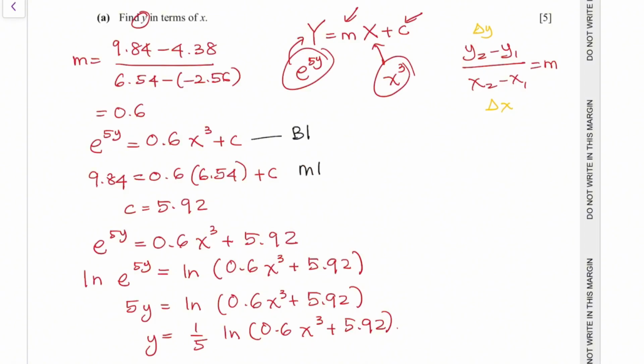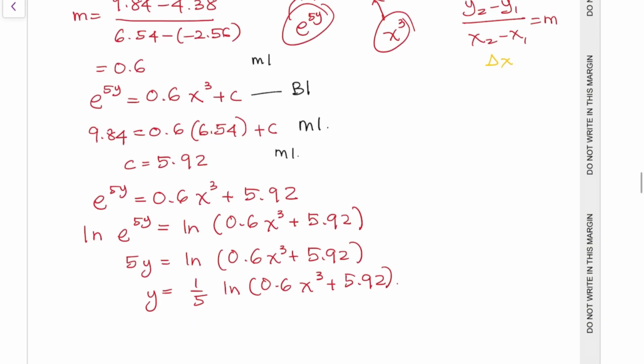That is a method mark 1. The next mark is when you got m is equals to 0.6. This is m1. And when you get c equals to 5.92, this is m1. And final mark is when you are able to write y, without any other coefficient, which is just a single y in terms of x. That is a 1. Altogether 5 marks.